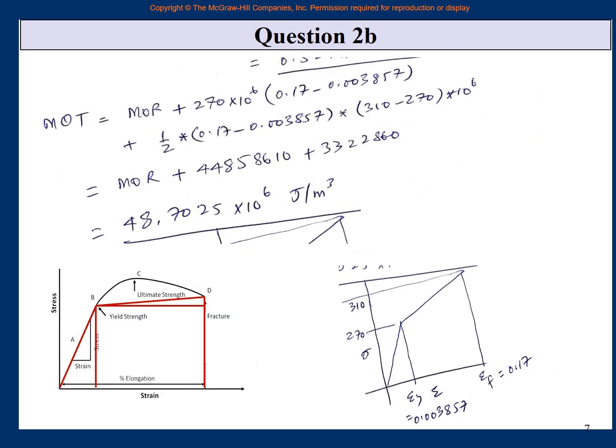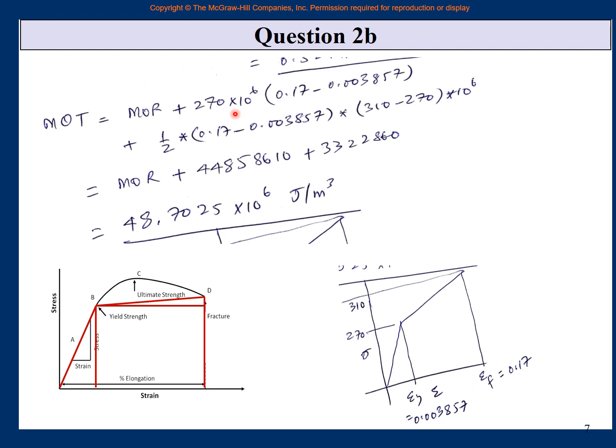Let us go to the next part. As I explained earlier, we have divided this plastic region into two triangles. So the modulus of toughness is this triangle, which was the modulus of resilience that we already know, plus first the rectangle. The height of the rectangle is sigma y.